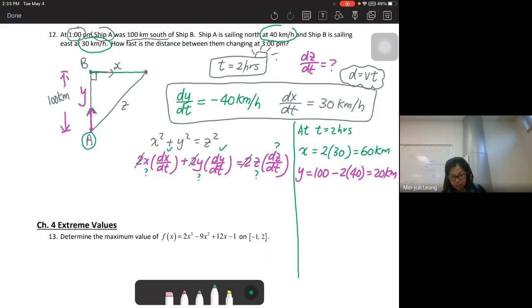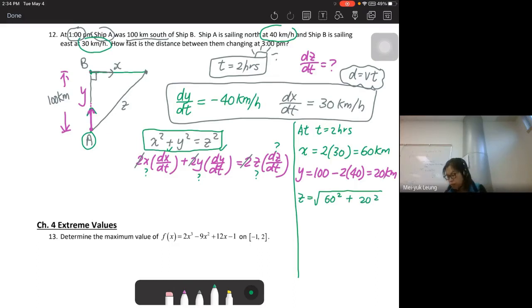Now the z. To find the z value, we go back to the Pythagorean theorem. So z is the square root of x squared, which is 60 squared, plus 20 squared.